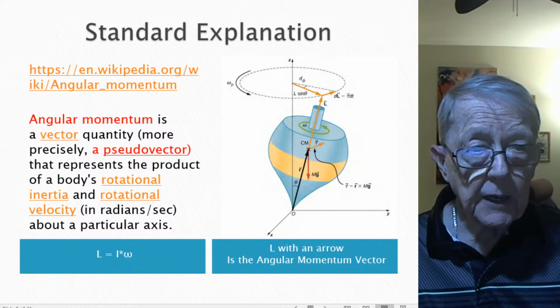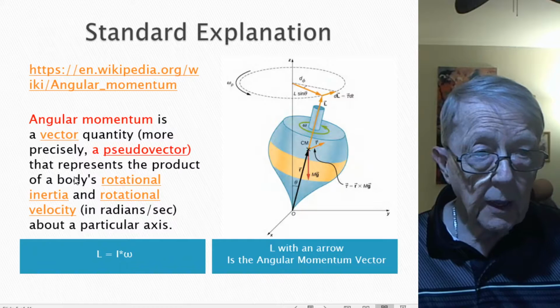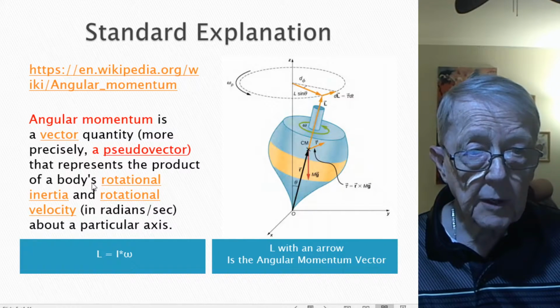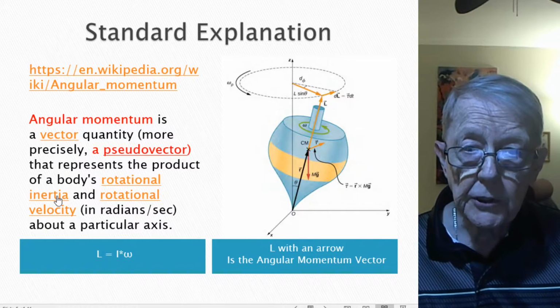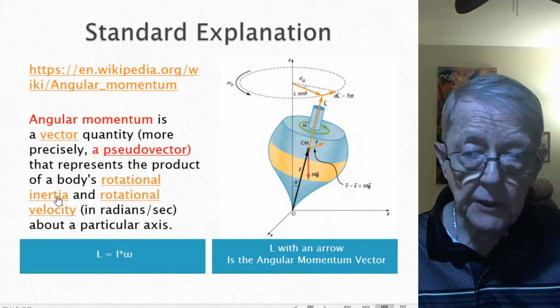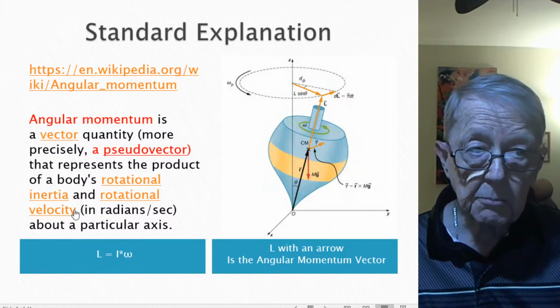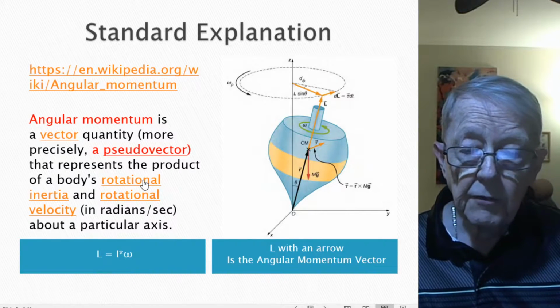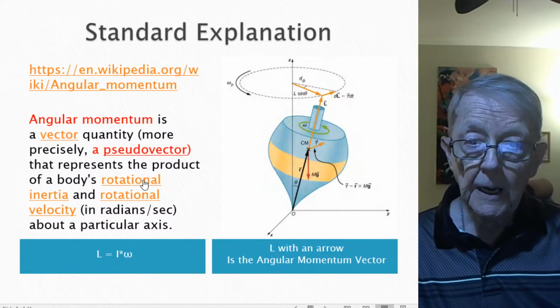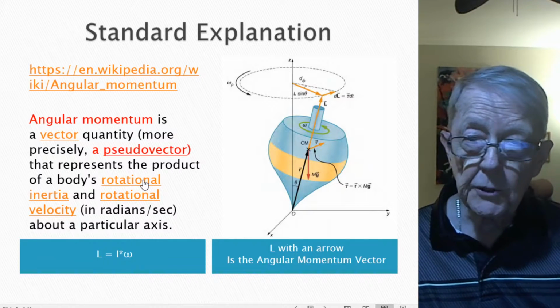And yet they start with angular momentum, and it represents the product of a body's rotational inertia, and rotational velocity. Inertia does have something to do with it. Yes, both of those things have to do with the fact that the top holds its position.